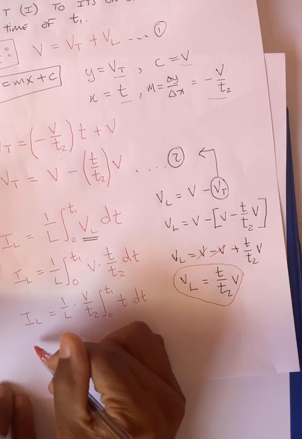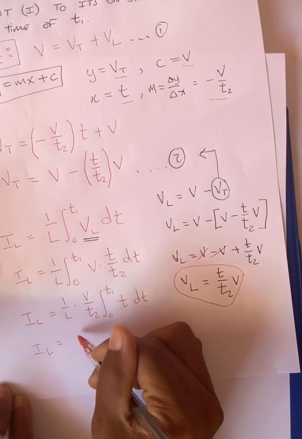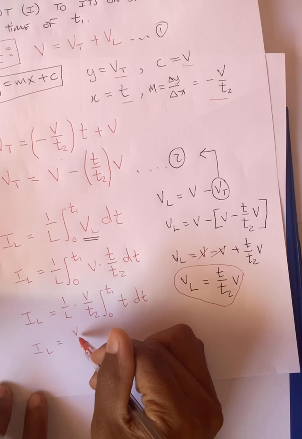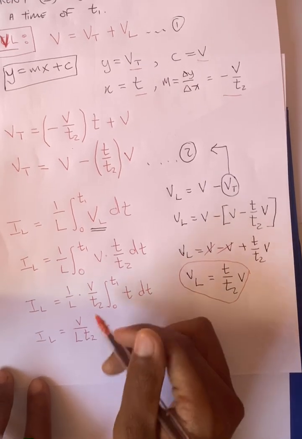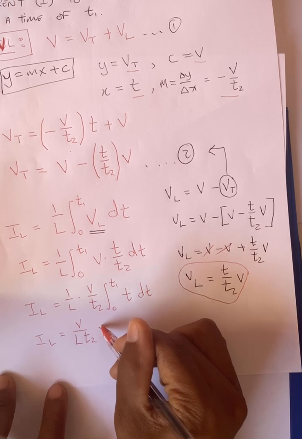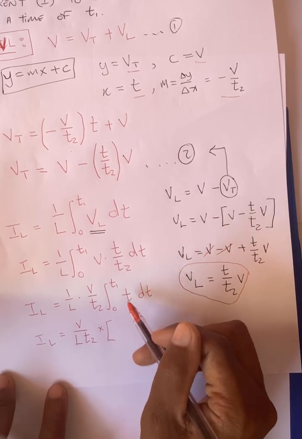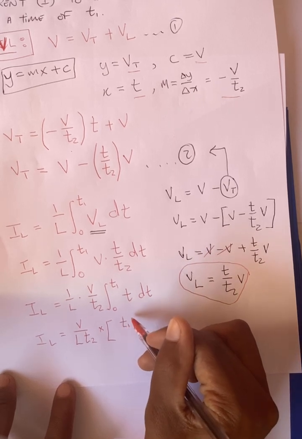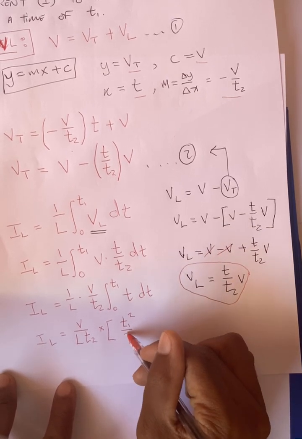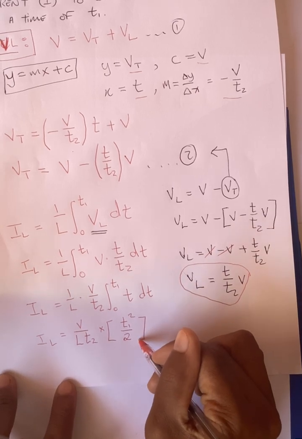Now this shouldn't be that difficult. IL equals V over L t2 times, when we integrate this, t1 squared over 2. That's what you're supposed to find over there.